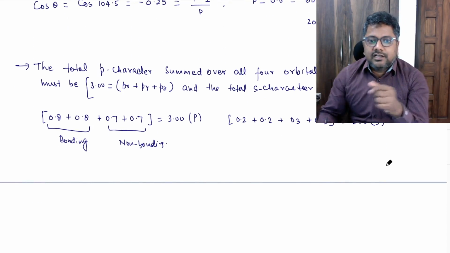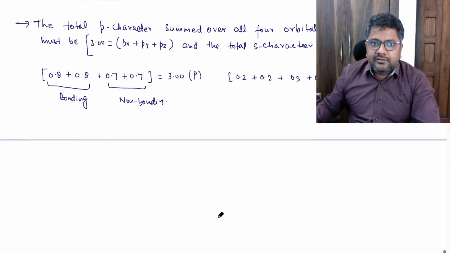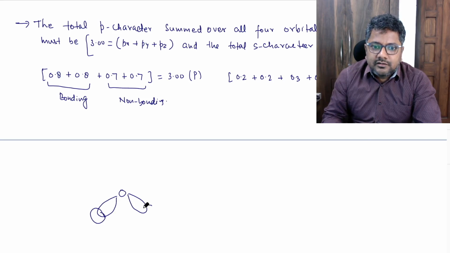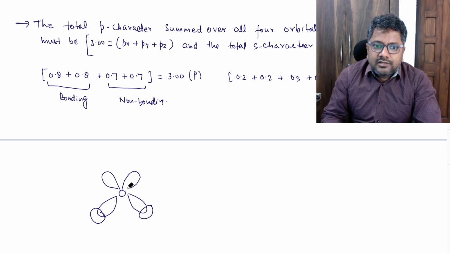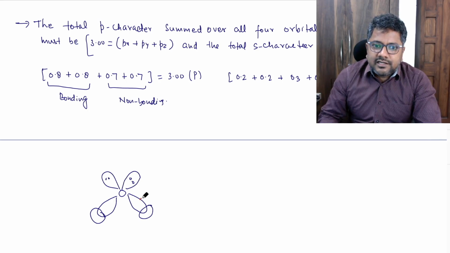Now you can say that, if we can draw here, this is oxygen. Now these are two bonding orbitals and two non-bonding orbitals, lone pairs, right? What is S character here?